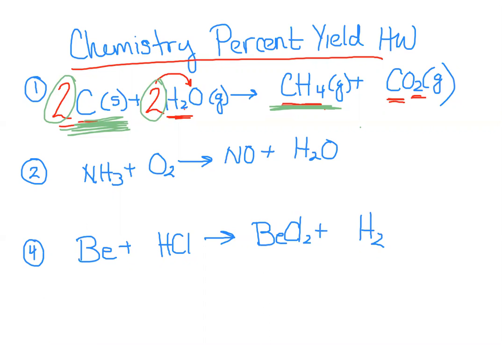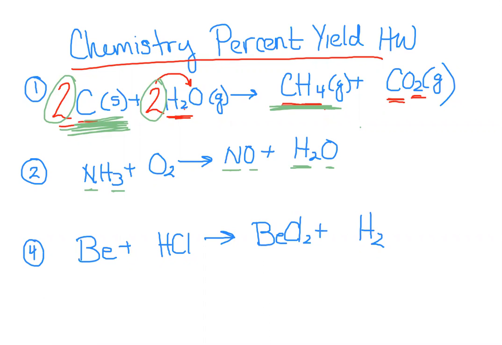So that's number 1. Number 2, same thing. We have to balance the equation. So let's see. We've got 1 nitrogen, 1 nitrogen. So that's all good. We got 3 hydrogens here, but we have 2 hydrogens over here. And then we got oxygens that are split. We have 2 oxygens. So what in the world are we going to do?